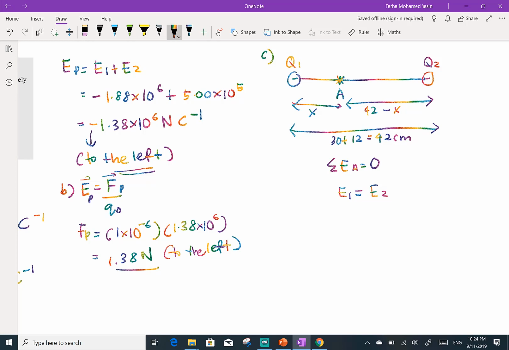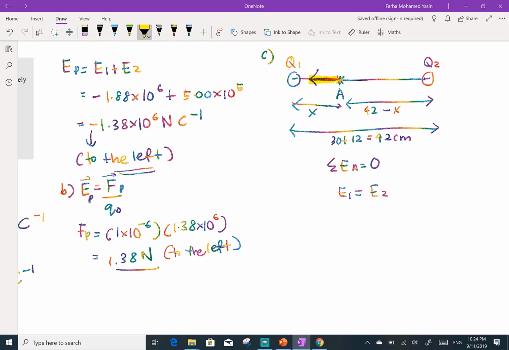Okay, sekarang kita ada point A dan charge Q1. Okay, charge Q1 adalah charge negatif. Okay, so the direction of E adalah inward. Okay, so from point A, dia akan jadi to the left.